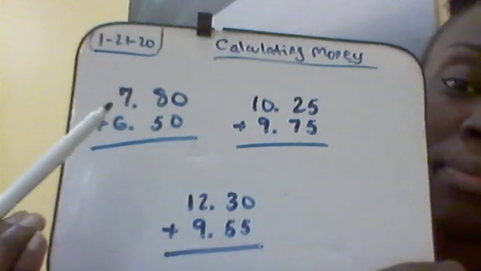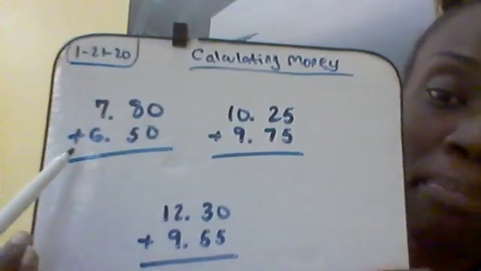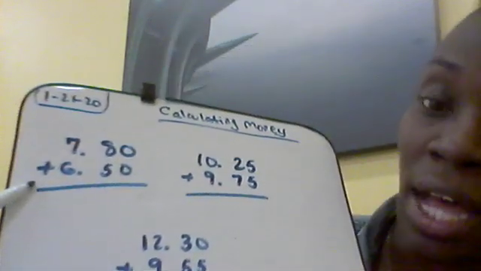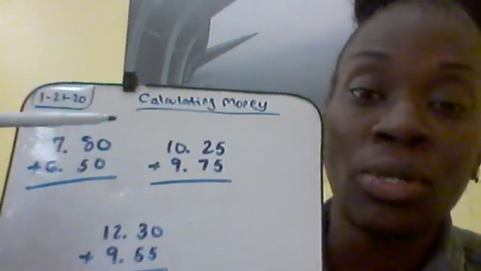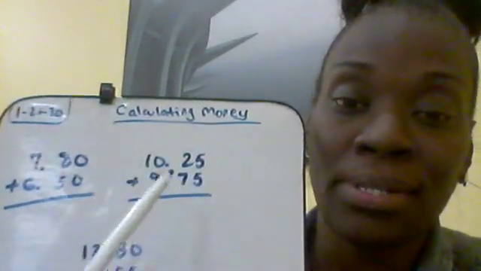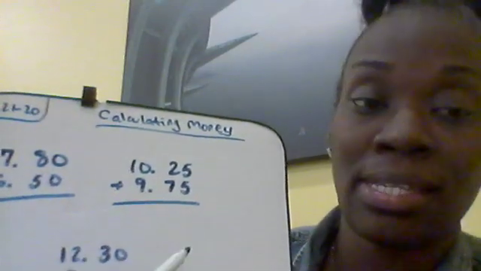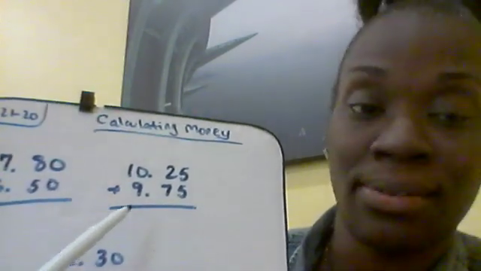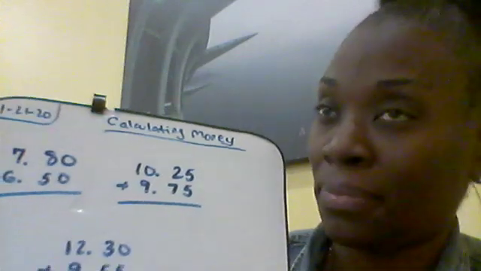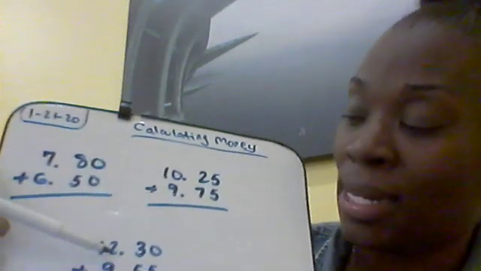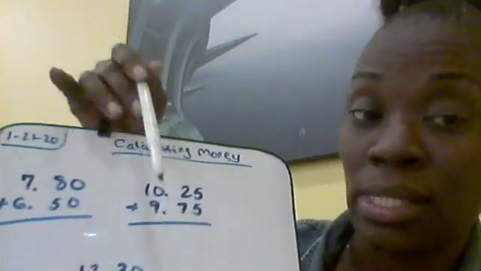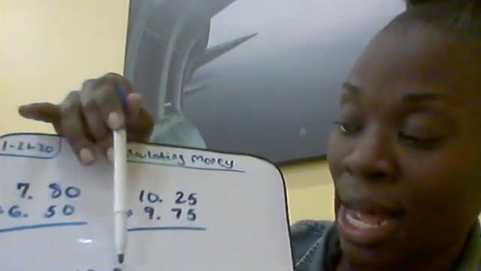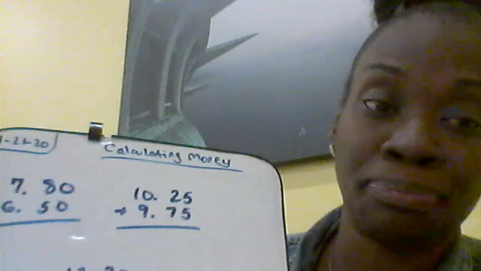Okay? So you have $7.80 plus $6.50. Then I want you to add $10.25 plus $9.75. Okay. And last but not least, you're going to add $12.30 plus $9.55.